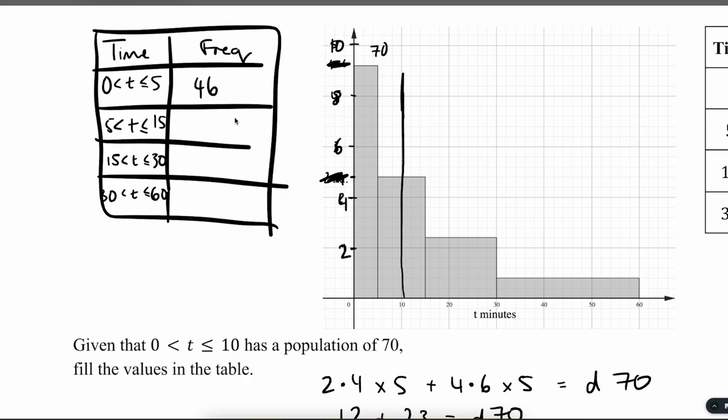Oh yes, so 10 times 4.8, which is 48, because the class width is 10. And then 15 times 2.4, which is 36. And then 30 times 0.8, which is 24.